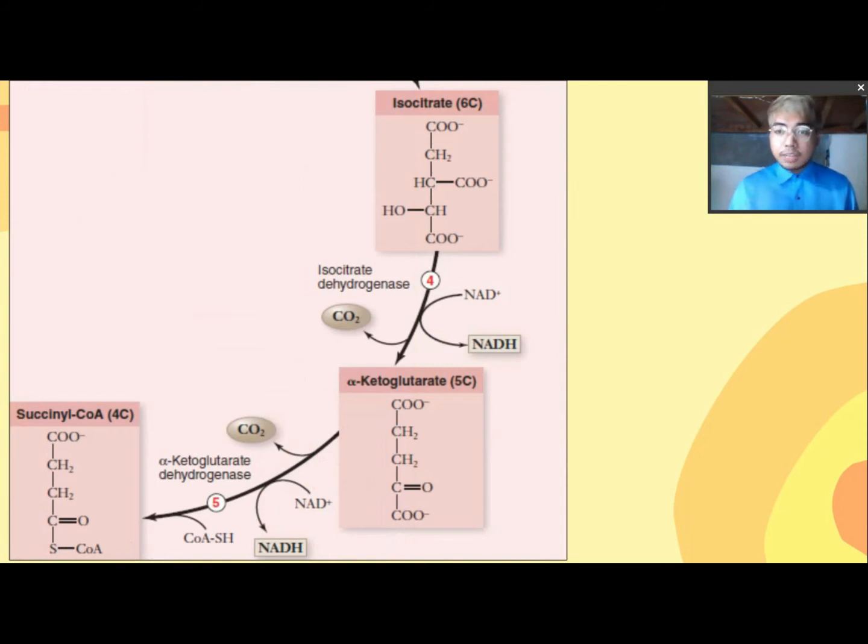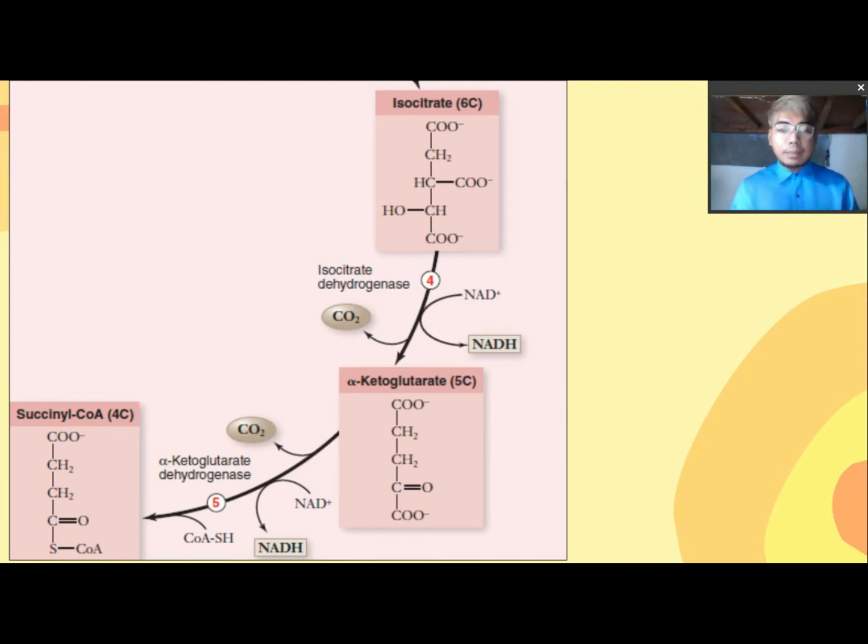Then, the isocitrate will interact with the enzyme known as isocitrate dehydrogenase. From the name itself, the enzyme is responsible for the removal of hydrogen from the isocitrate. While the hydrogen ion is being released, it will be accepted by the NAD+ to create NADH.